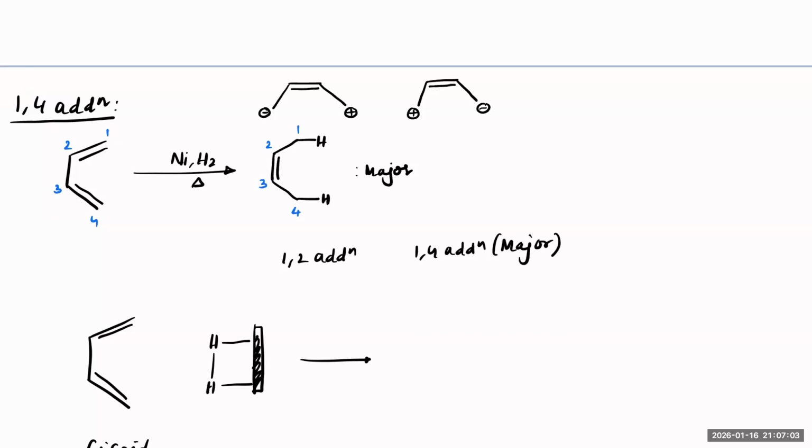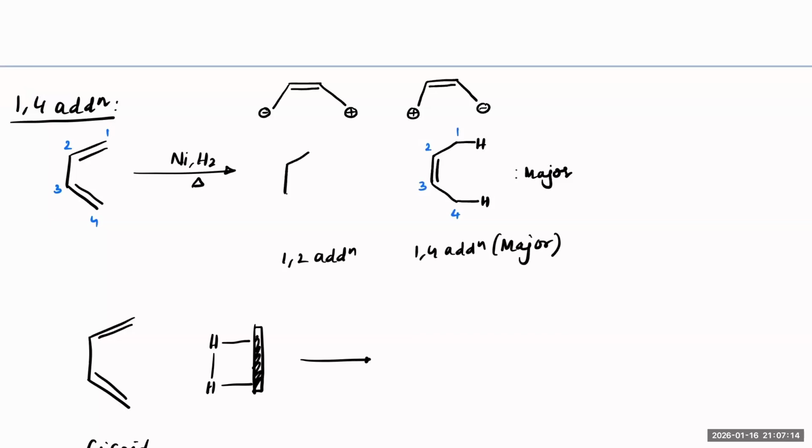Addition happened at 1,4 position. Hence, I will call this as the major product, which is 1,4. And then 1,2 addition means hydrogen and hydrogen getting added here. This is 1,2 addition. This is minor.